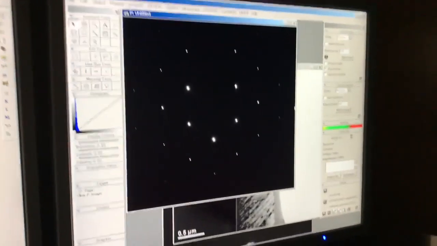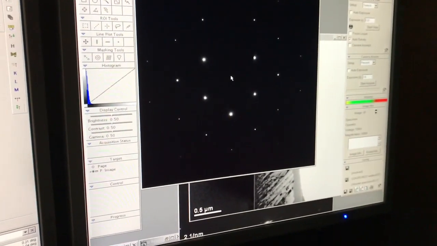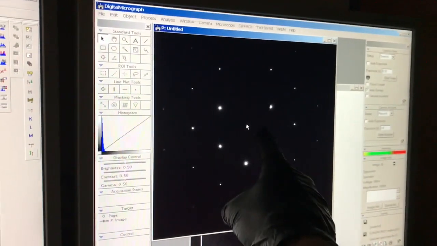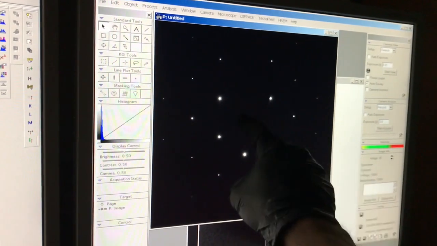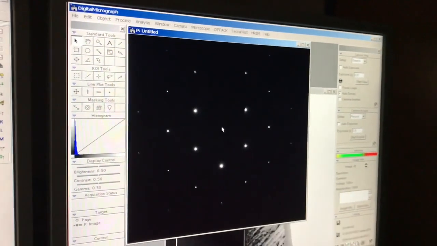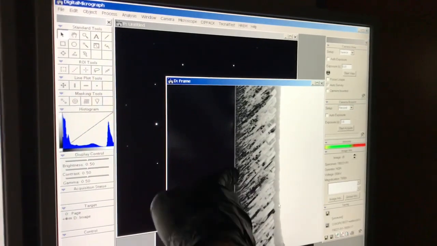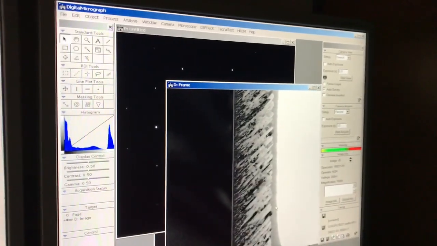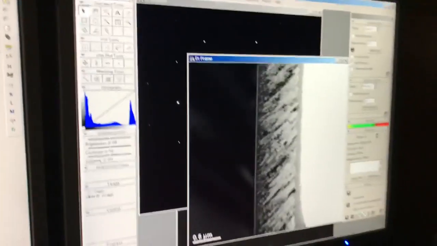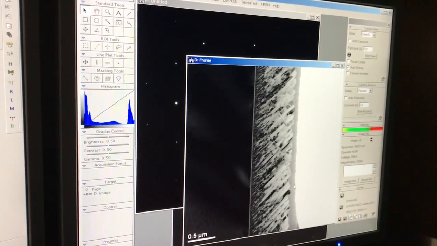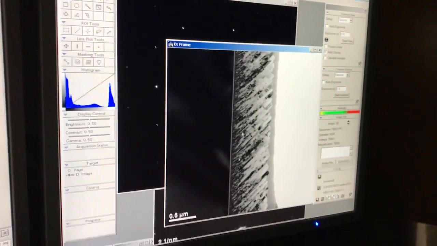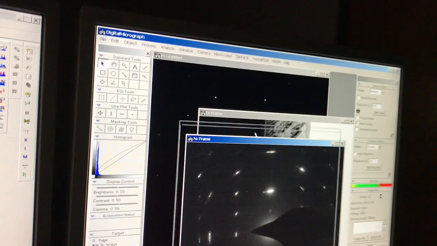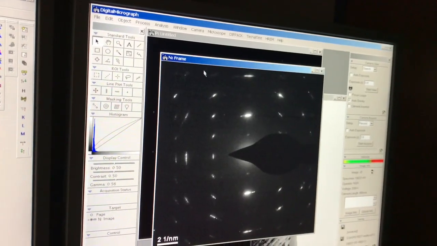So in other words, you can't see it, the direct beam is here, but this direction here in reciprocal space, or in the diffraction pattern, is parallel to this direction, or I should say this direction because we're in the substrate. So I can do the same thing for this one as well if I want to know the relationship for the film.